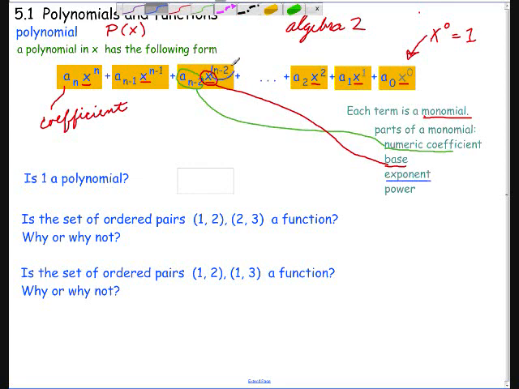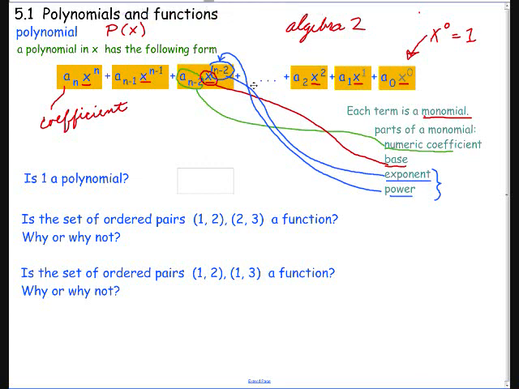Here's our exponent right here. And the power is right there. I'm having a little bit of a hard time at the moment thinking, really, how is the exponent different than the power? I don't think they really are different. And I'm the one who put the slide together.